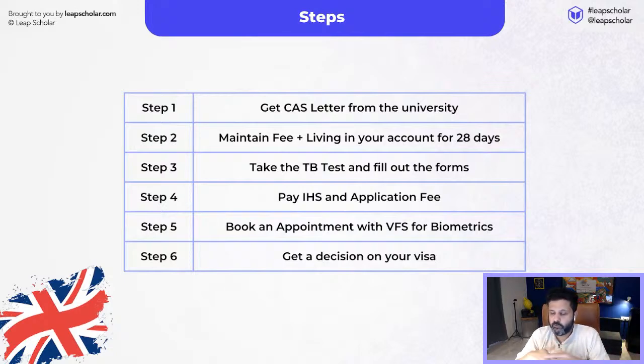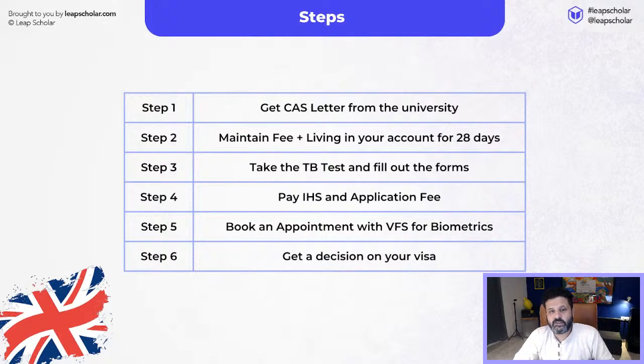What kind of conditions, if your IELTS was waived or if you submitted the IELTS score or not. Depending on your CAS letter, you may or may not need to submit your IELTS TRF. If your CAS letter says that your IELTS was waived off, then you don't need to submit your IELTS score along with your other documentation.